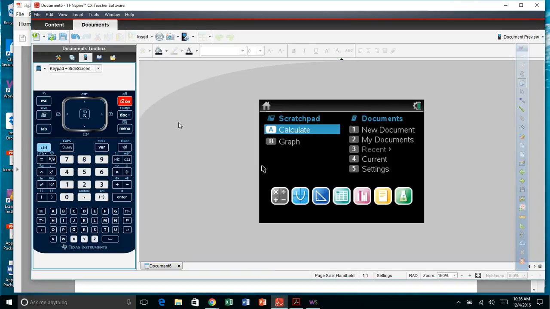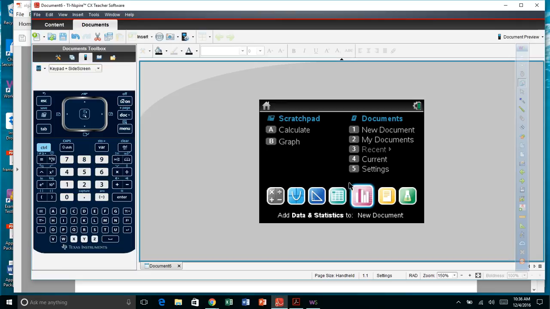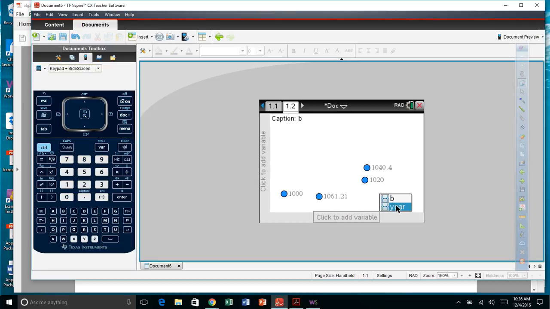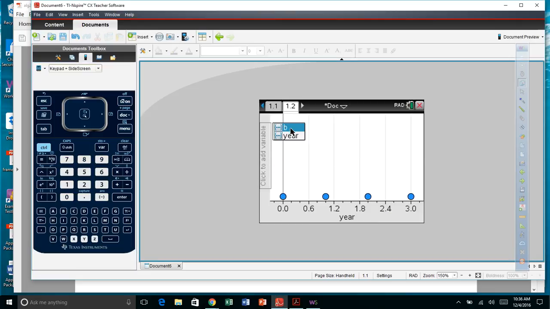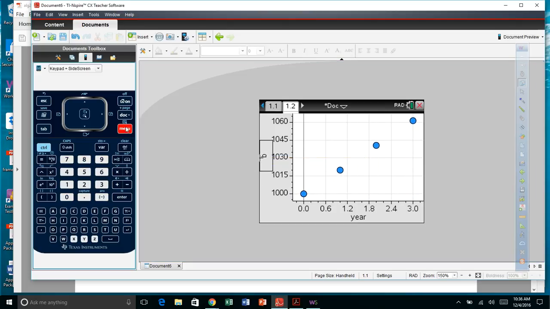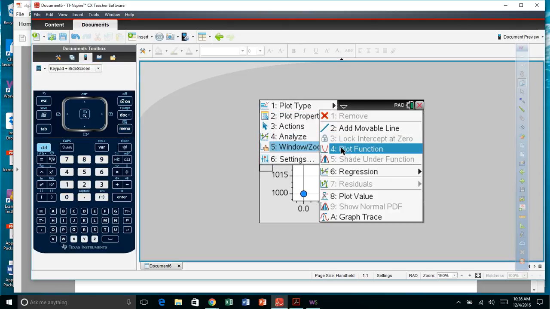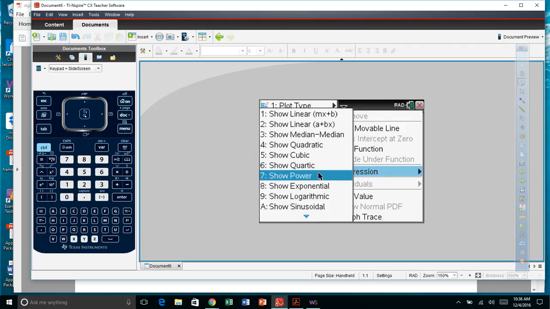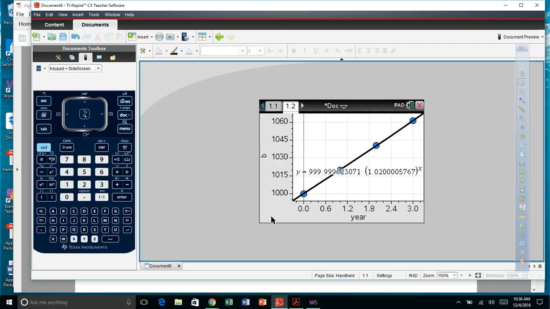So we'll put year, and we'll put B, menu, 4, 6, and exponential model. So we get 999.